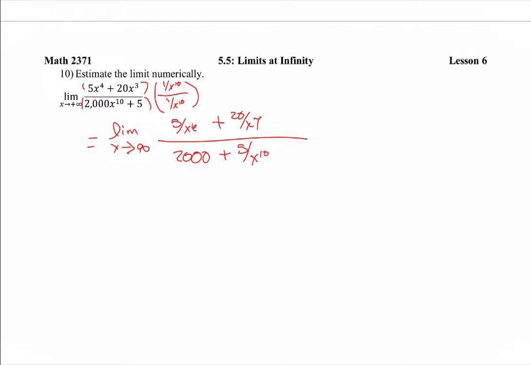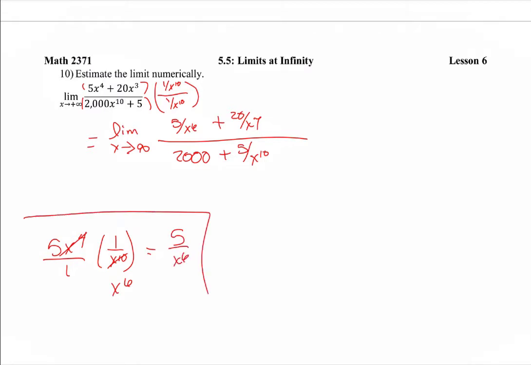Let's go down here and make sure you get this. 5 over x to the 4th over 1 times 1 over x to the 10th: the x to the 4th cancels, and this leaves x to the 6th. So this gives me 5 over x to the 6th. That's just a little sidebar so you understand the algebra going on there.